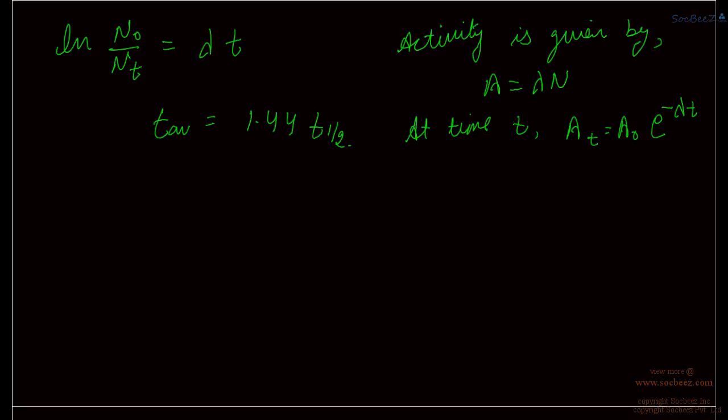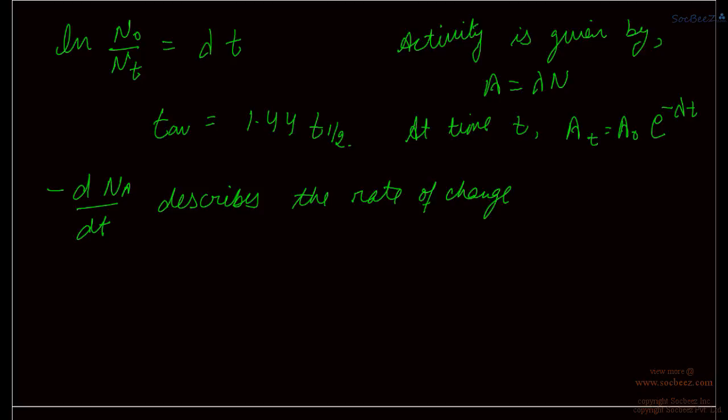Okay. Now, it is different from minus dN by dt. Here, minus dN by dt describes the rate of change, whereas A describes the rate of decay.